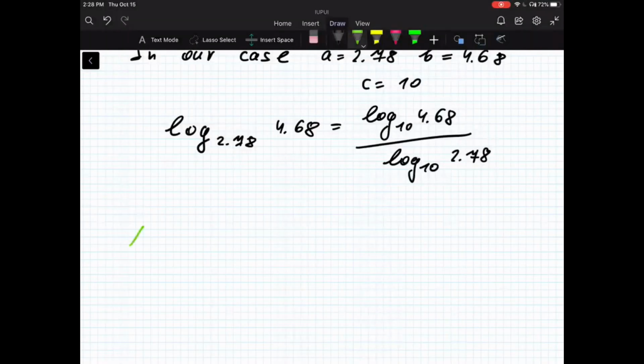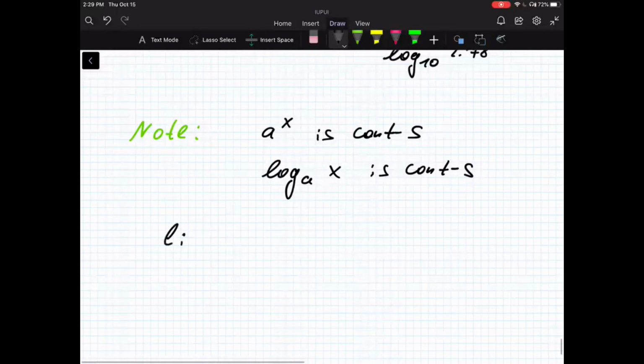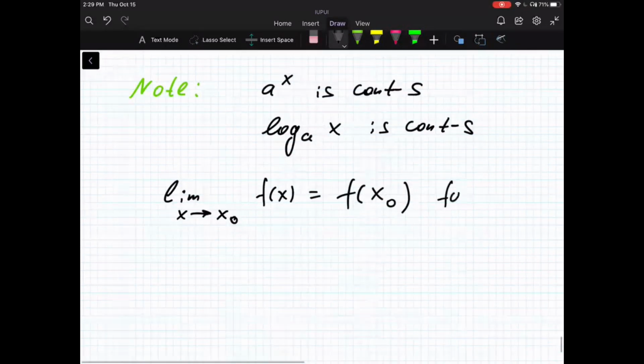Okay, and also it's worth mentioning that exponential function is continuous and logarithm with fixed base is also continuous. And we remember that for a continuous function, the limit when x goes to some point x naught of f of x can be evaluated just by plugging this x naught into the function.